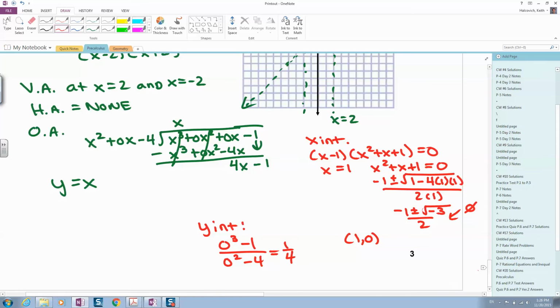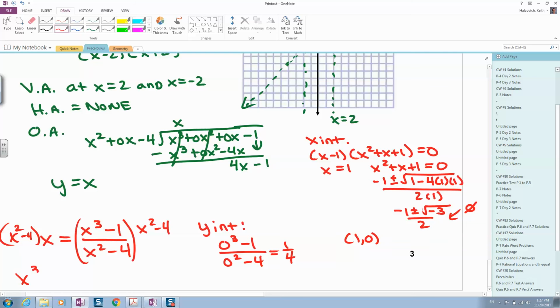Now you want to determine if the oblique asymptote is crossed. So you set x equal to x to the third minus 1 over x squared minus 4. And you multiply. So you get x to the third minus 4x equals x to the third minus 1.